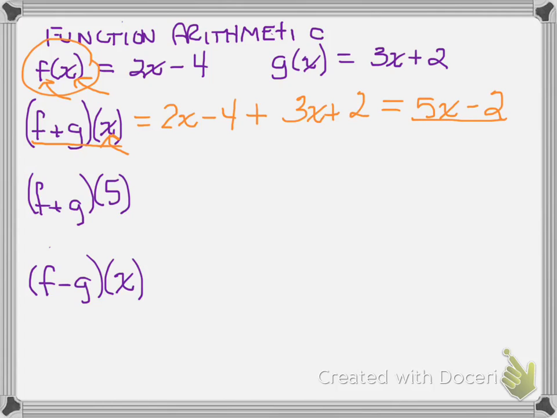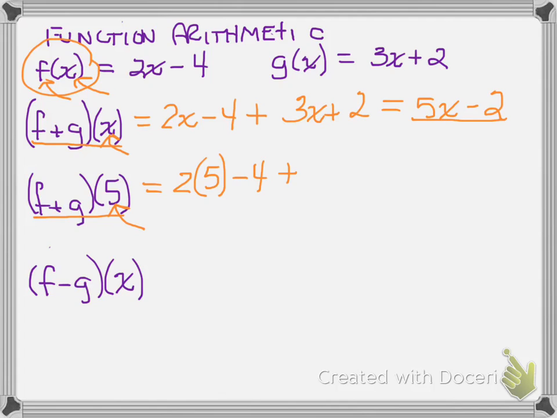Now let's look at this next situation. We have a new function called f plus g, and it's going to be the result of adding our two original functions together. But what we're going to be using as an input is the number 5. So now whenever we see an x, we're going to substitute a 5 instead. So in our original function f, we have 2x minus 4, but we're going to substitute 5 because now 5 is our input instead of x.